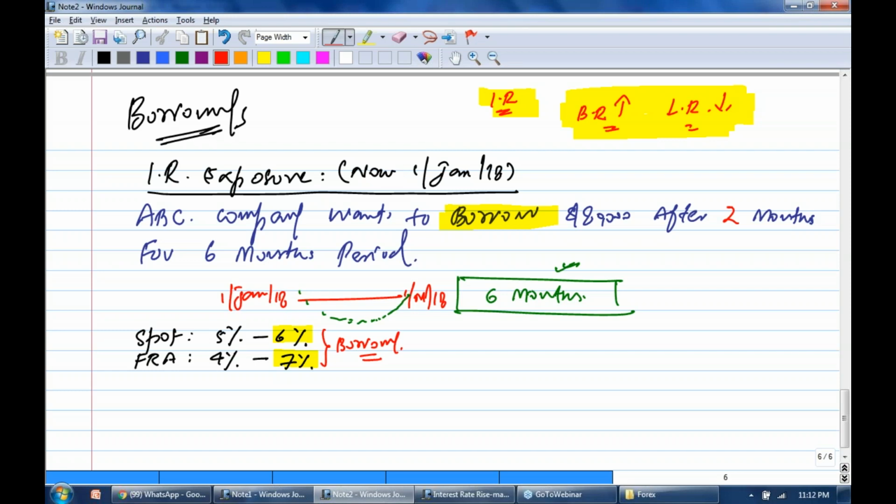Okay. So what is the risk of the company? The risk of the company is that spot is 6%. And what is the risk of the company? The risk of the company is that interest rate will higher. At what date? Now standing is this, this arrow, 1st January 18.